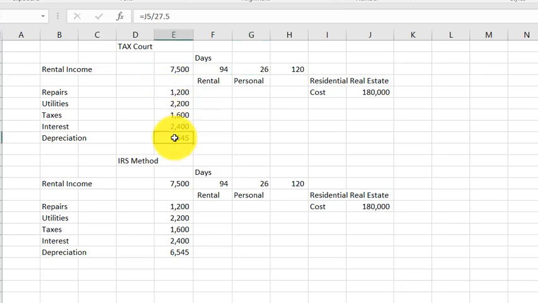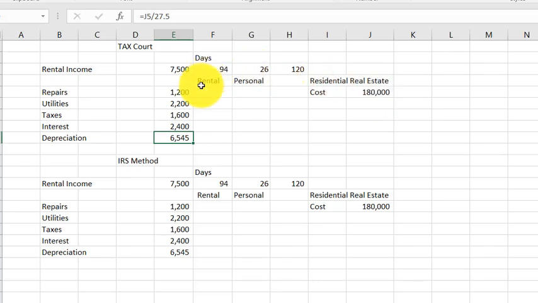Notice that rental properties are depreciated, falling under what we learned about depreciation in chapter 6. Typically your real estate is what is being depreciated, and for residential real estate, it's 27 and a half years.